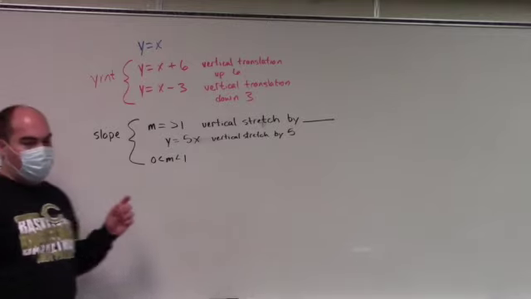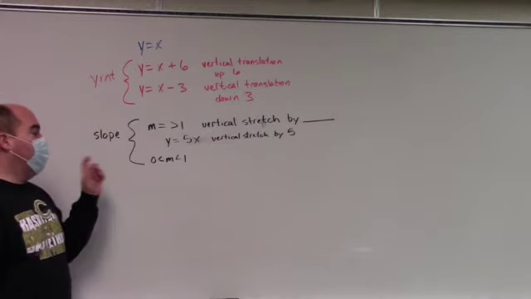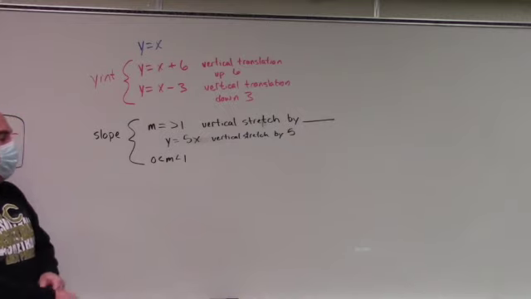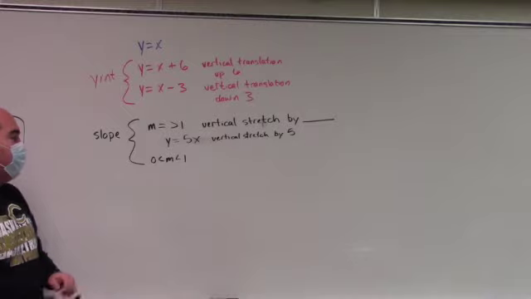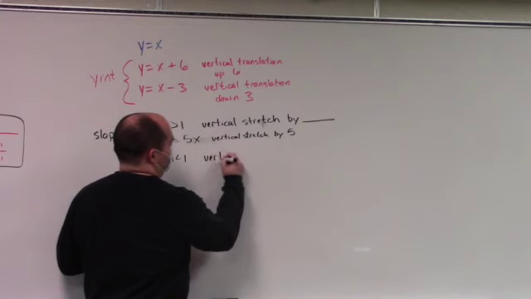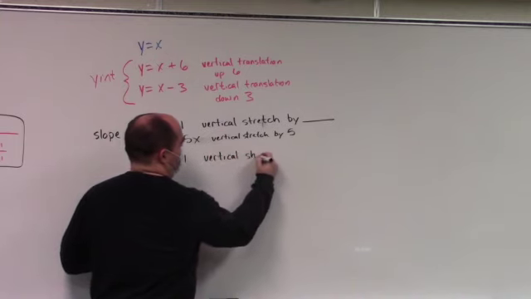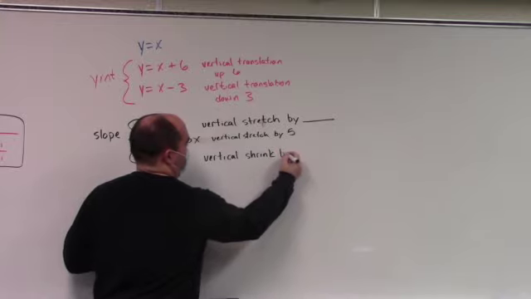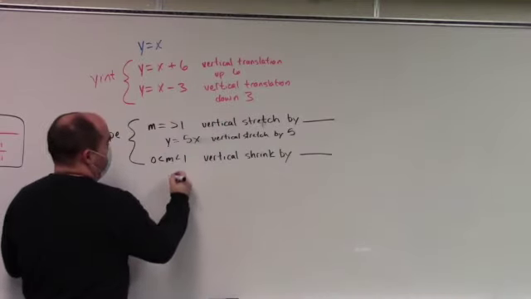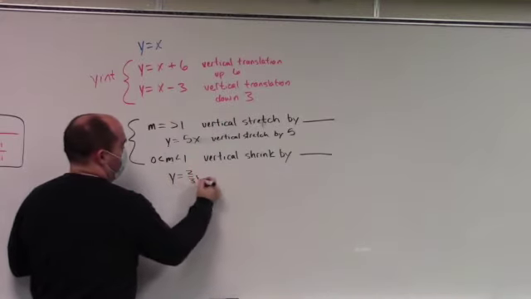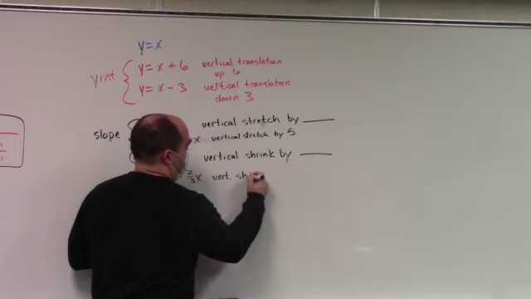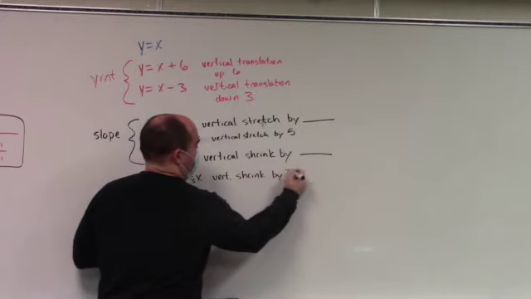Your fractions and decimals, I guess, if it's already typed out or written for you. But anytime you're graphing, I assure you, you want to make it a fraction. So if it's between 0 and 1, you're going to have a vertical shrink by whatever the number is. So if you have y equals 2/3 x, you would say vertical shrink by 2/3.